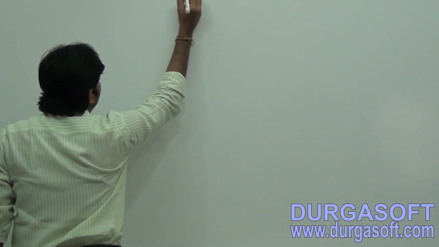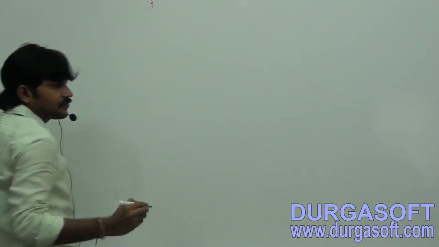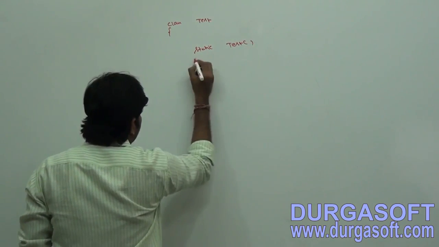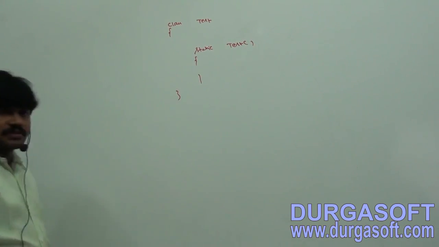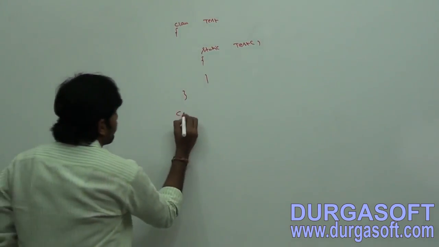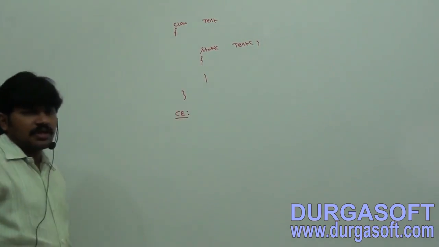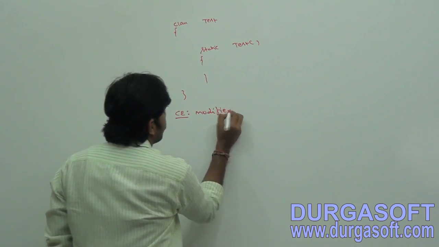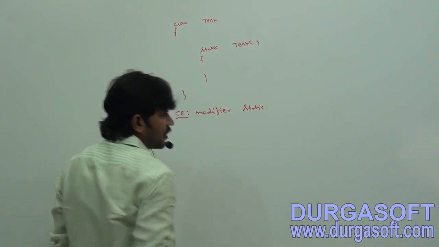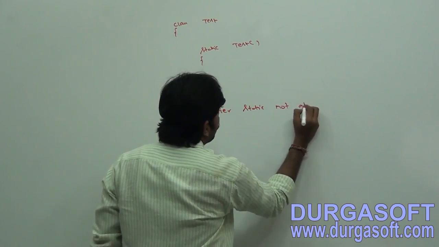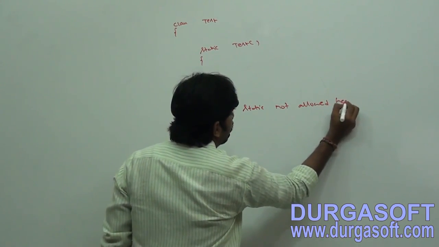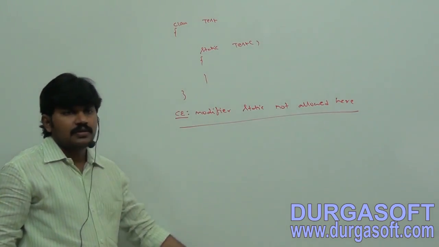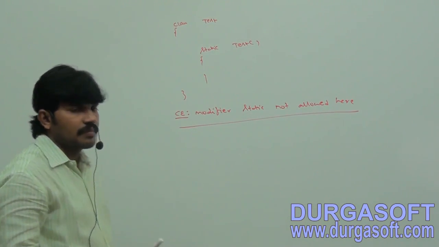Okay, so now I am taking class Test. Let me take static Test as an example. Do you know what compile time error we are going to get?